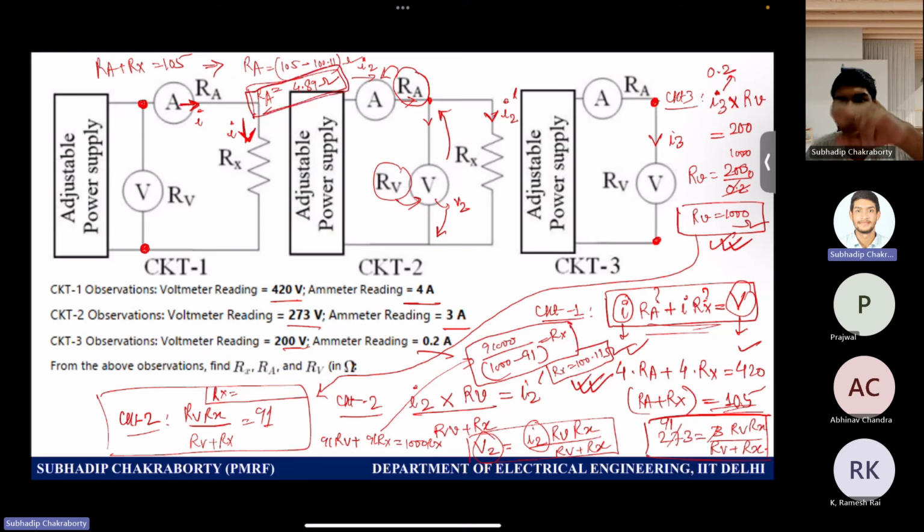That's why we say the internal impedance of the voltmeter should be much higher.